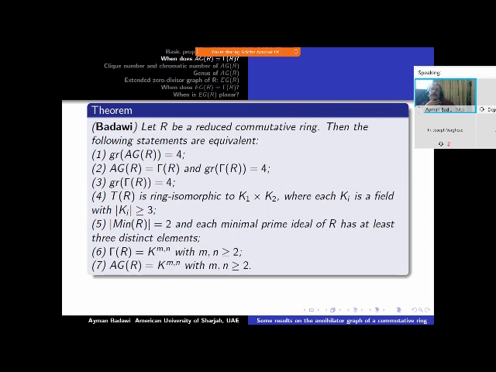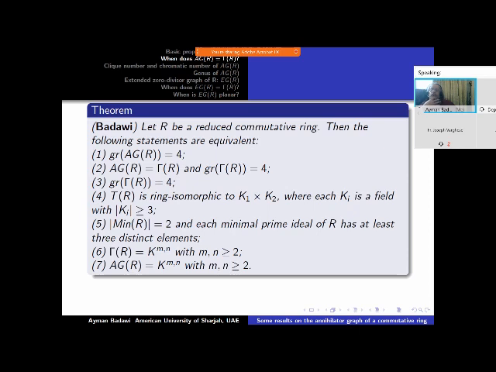So if the girth is 4 for the annihilator graph, because we know these are the same, and then by a result by Badawi and Anderson, they prove that for a reduced commutative ring, the girth is 4 if and only if this is right here.